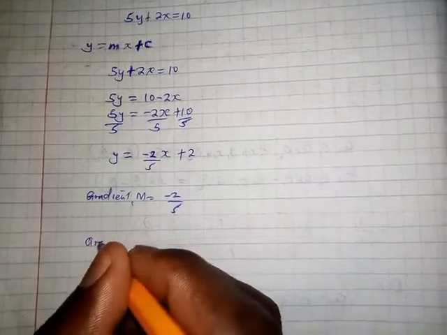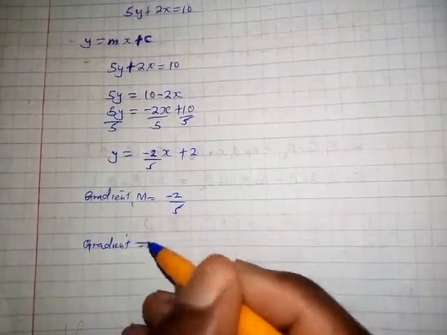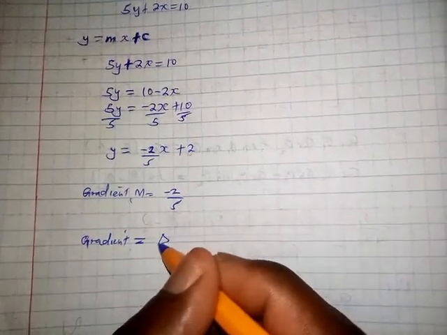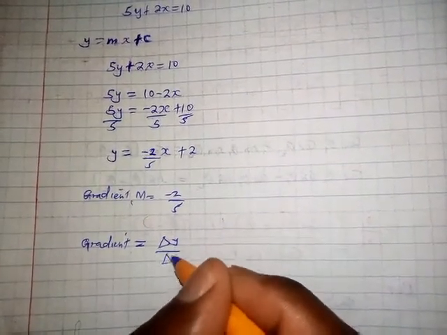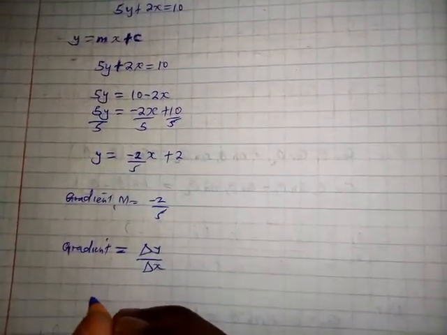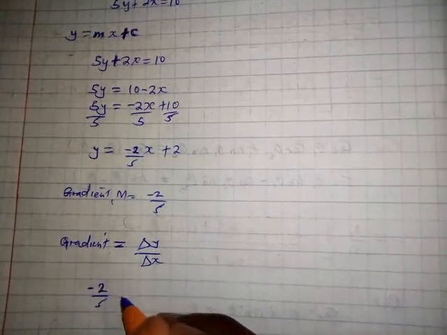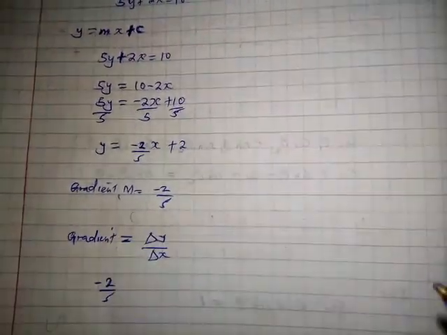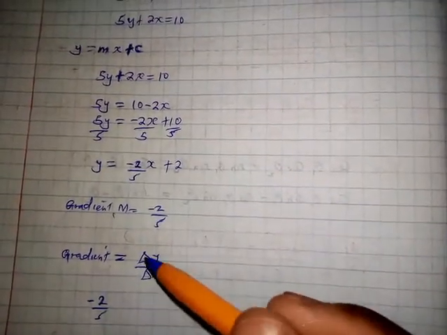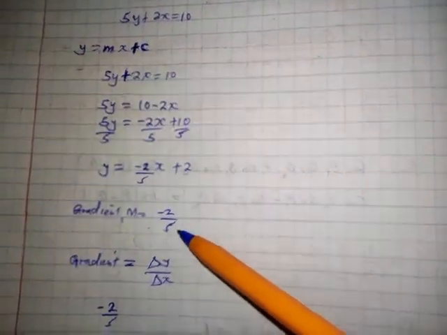Gradient is given by change in y over change in x. So negative 2 over 5. Remember, parallel lines have the same gradient, so the other line also has this gradient, negative 2 over 5.